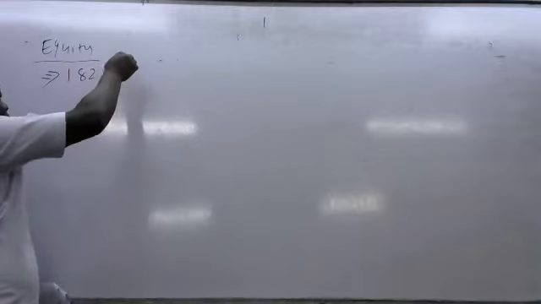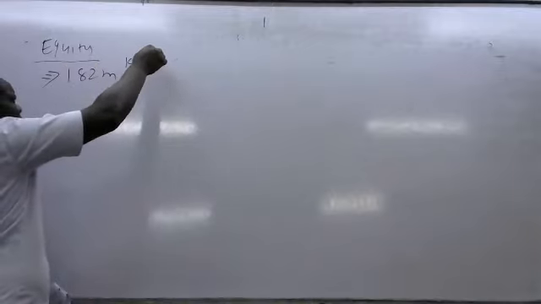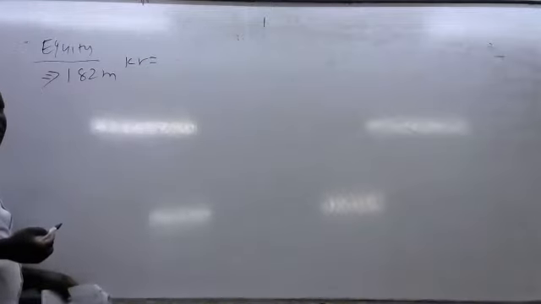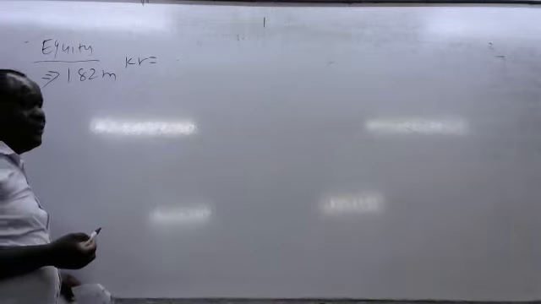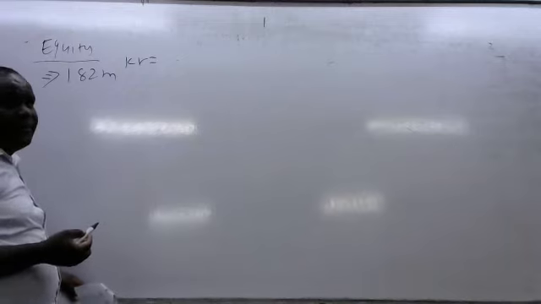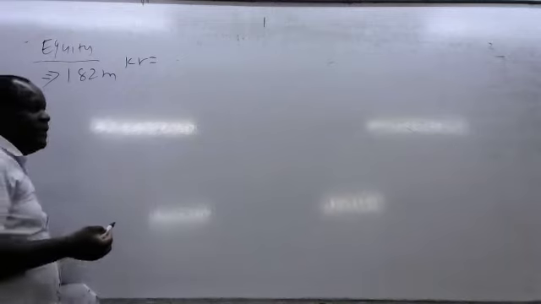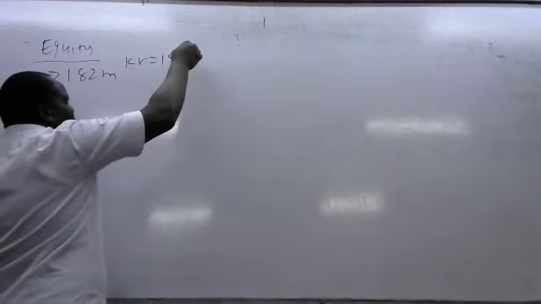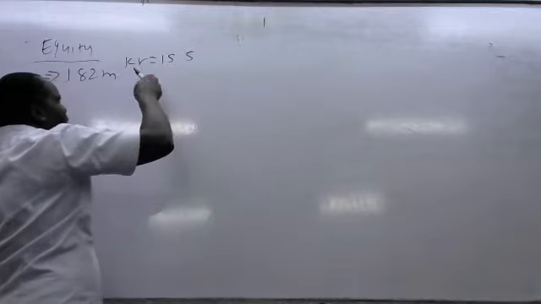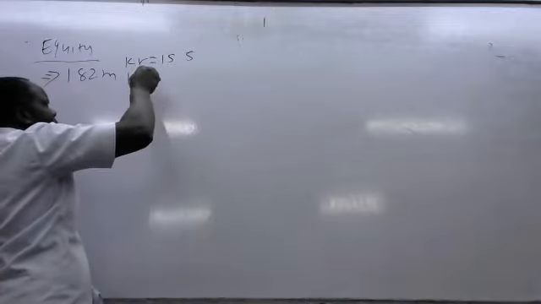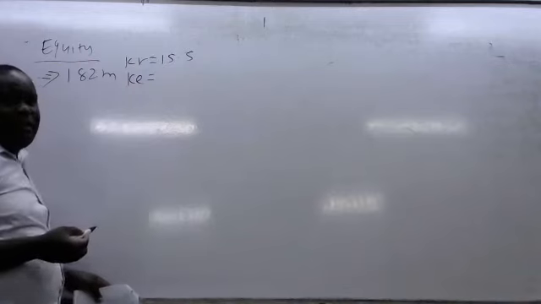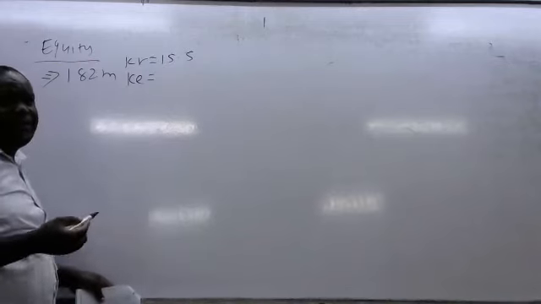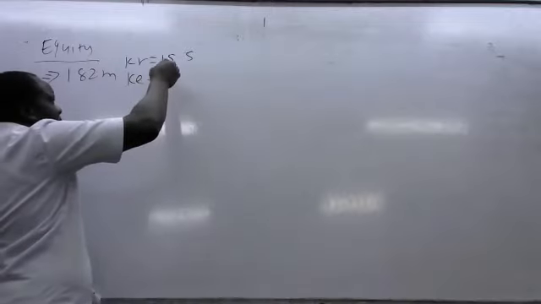1.82. Then we also calculated KR, the cost for the retained earnings. KR was what percent? 15.5. Then we also computed the cost for the ordinary share, which was 16.67.